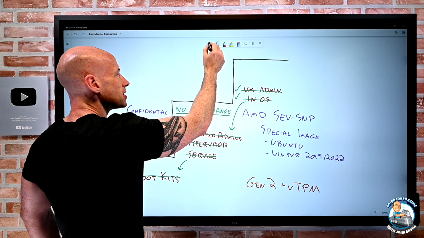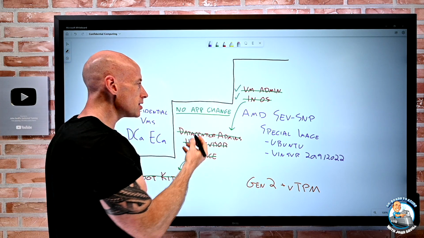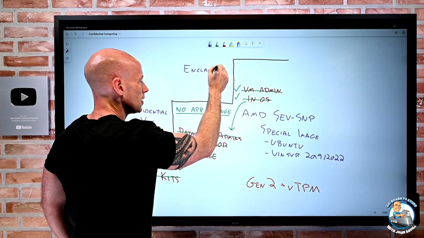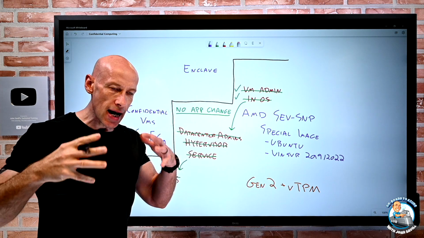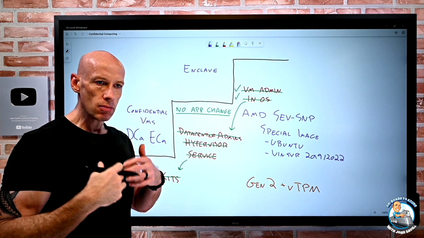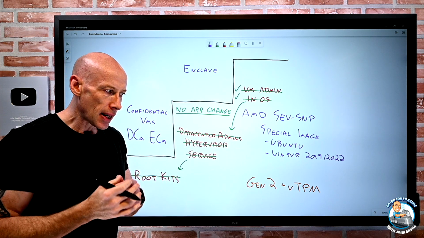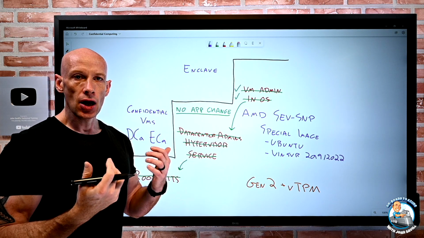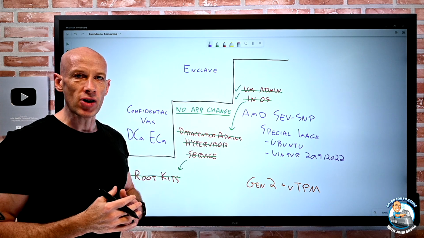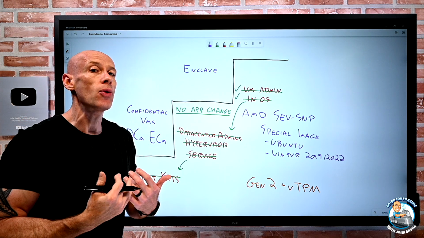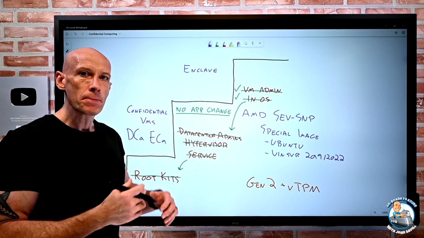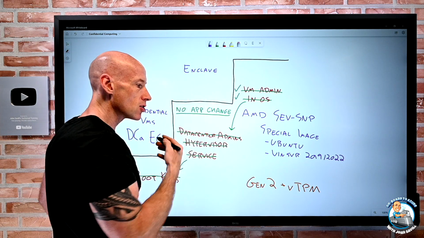And the way this is going to work is this is all about enclaves. So I'm going to create these protected areas of memory, working with the processor, that's going to be tied to a specific application. Only it can see that memory. Even if I'm an administrator in the guest OS, I would not be able to dump out the memory or interfere with the memory of a process that's using these enclaves.